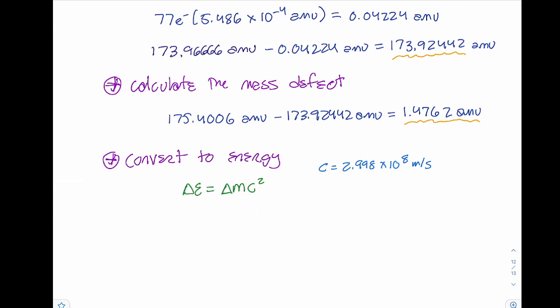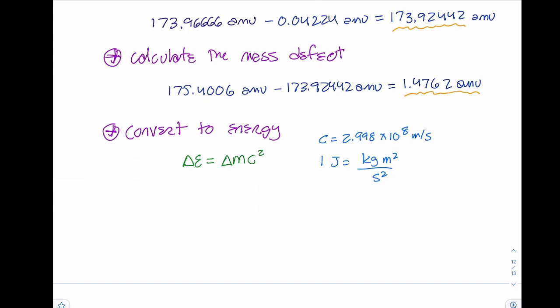I know that 1 joule is equal to a kilogram meter squared per second squared, because we are going to come out in units of joules here, and then we will convert from joules to electron volts per nucleon in our next step. But right now we're just going to solve in joules.